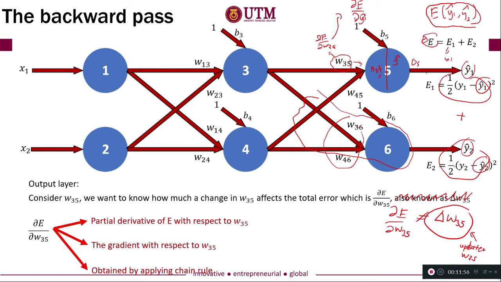But to find W35, you only need y1 hat, because to produce y1 hat you only need W35, and y2 hat here has no relation with W35, because to find y2 hat you only need this one and this one. I hope it is clear how we define and start our chain rule. Once you know this, you still need to extend your chain rule.